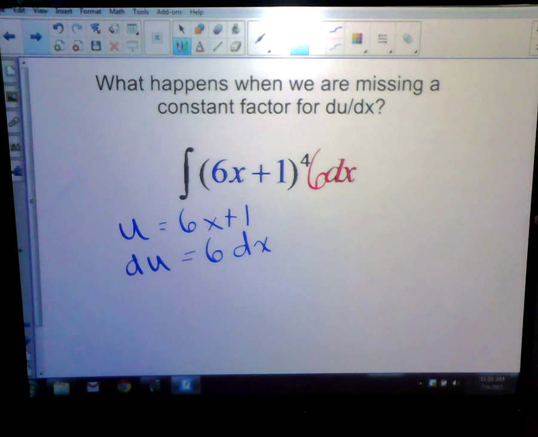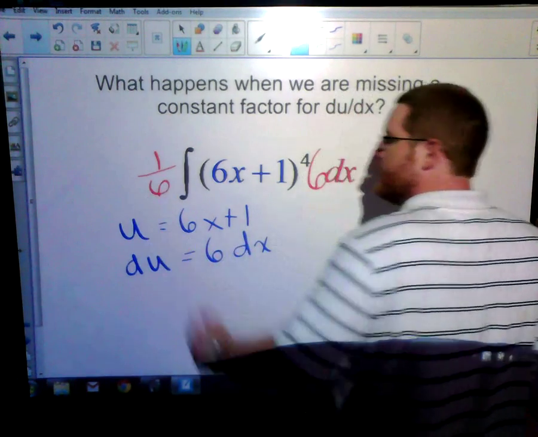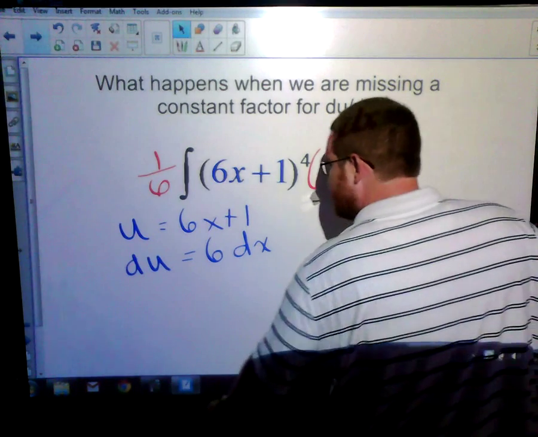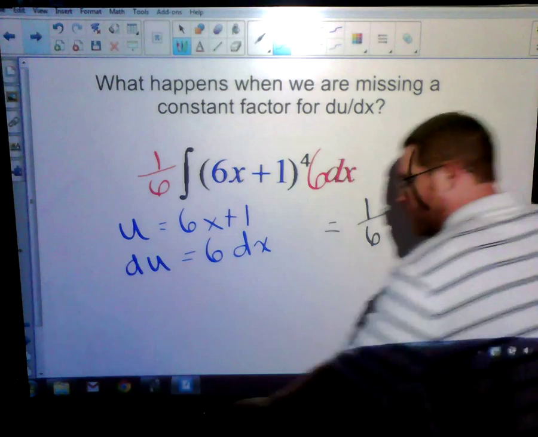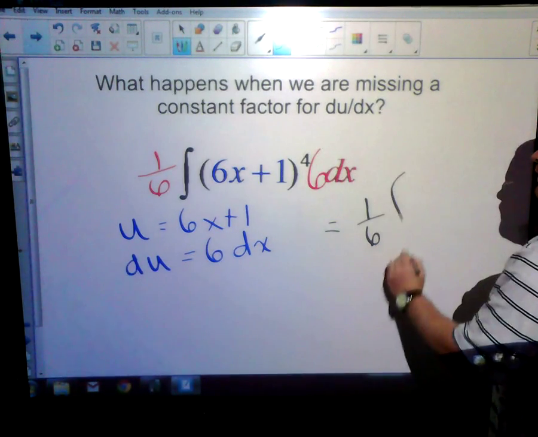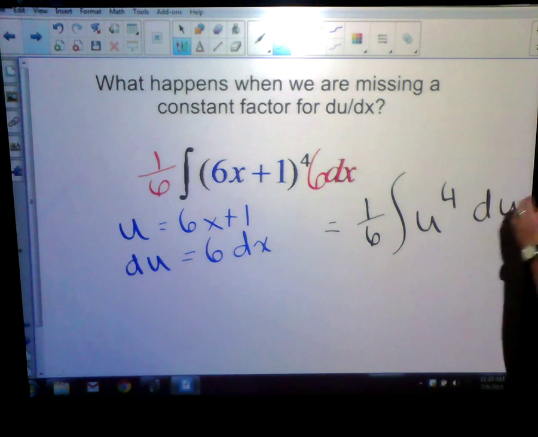That's legal, as long as I multiply by a 1/6 out here. I've now balanced the problem. So this problem is really 1/6 the integral of u to the 4th du.